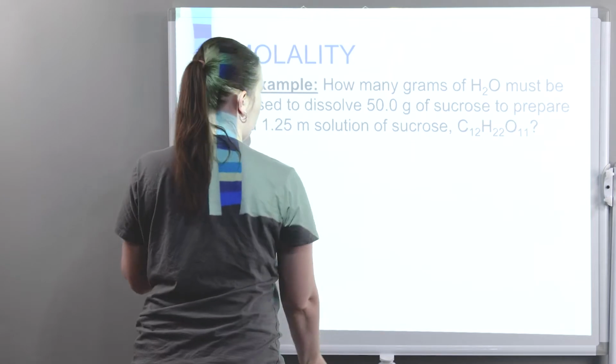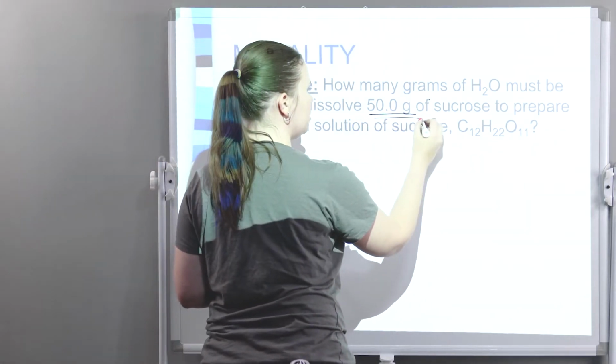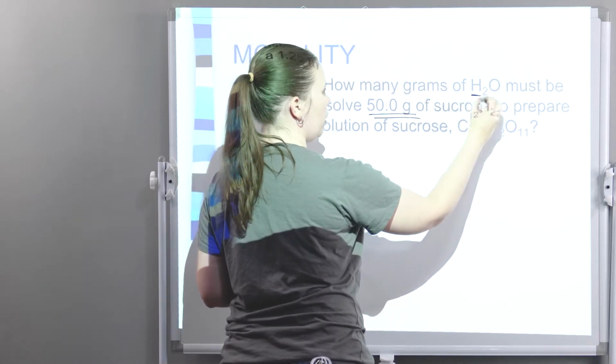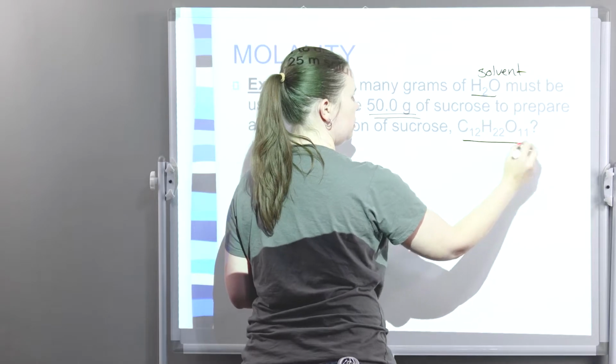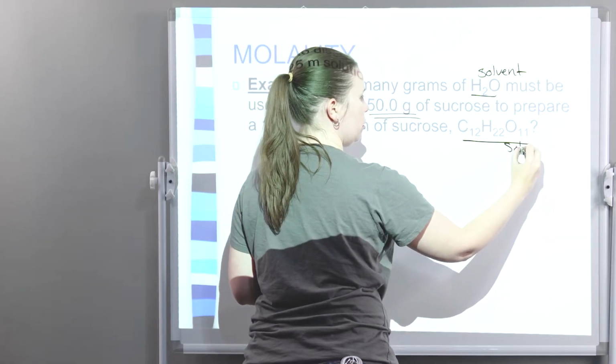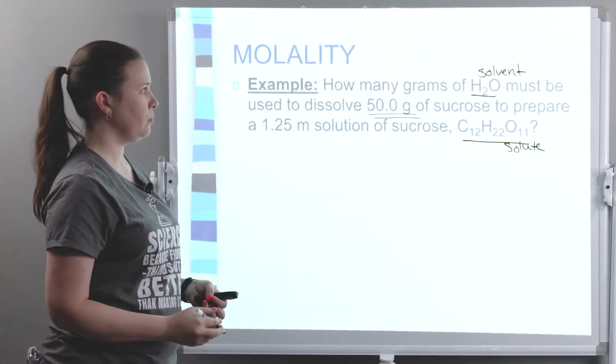How many grams of water must be used to dissolve 50 grams of sugar? So here's a mass it's giving me, and I know I have water, which would be the solvent. So that would make this different type of sugar our solute. So first thing we want to figure out, what's the solute, what's the solvent?